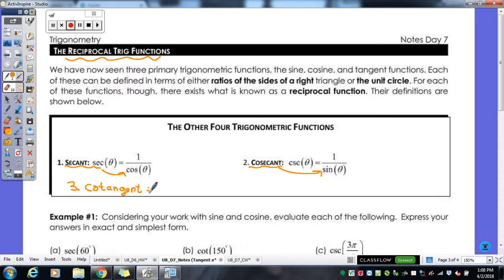So cotangent, you're going to have to write that in there. The letters they use for it is COT of theta is 1 over tangent. That's the reciprocal of tangent. What does that say? Cotangent.